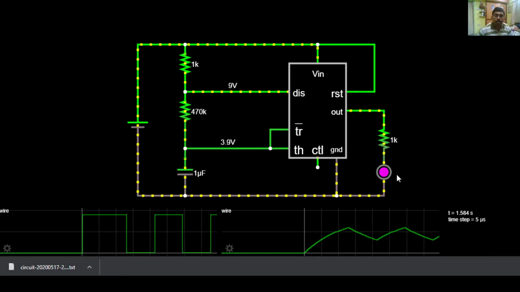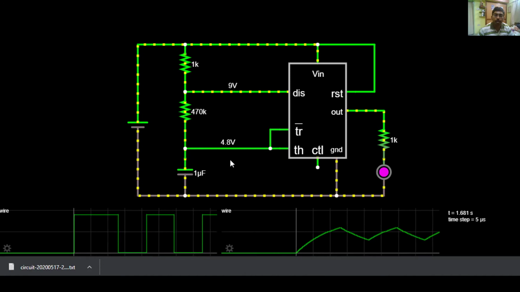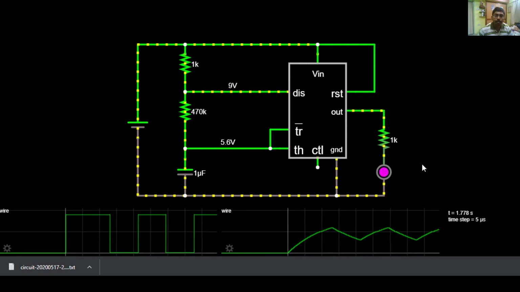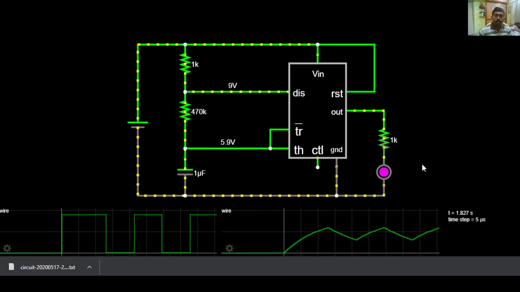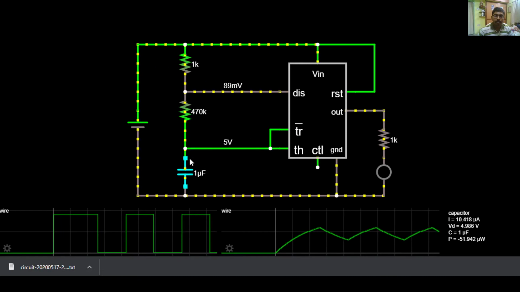Now the LED starts glowing. When this voltage reaches 6 volt, the LED stops glowing. See, it stops glowing. Now the capacitor is discharging.